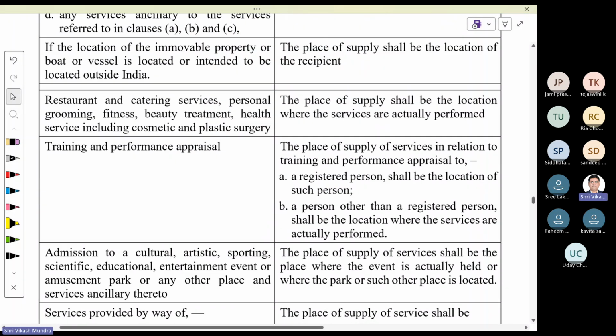Done. In relation to restaurant and catering services, personal grooming, fitness, beauty treatment services, including cosmetic and plastic surgery, the place of supply shall be the location where those services are actually performed.